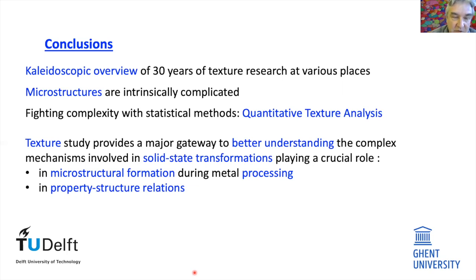In order to fight this complexity, the standard scientific method is statistics, and quantitative texture analysis is a statistical method par excellence, which has proven its value in the crystallographic aspects, but which I hope can be extended to other features of the microstructure, like grain size, grain boundary inclination, or phase distribution, particle distribution, why not?